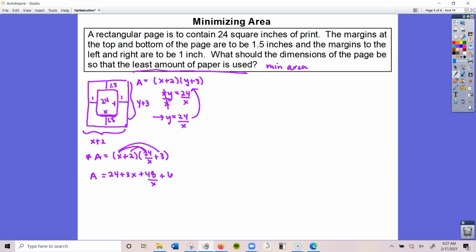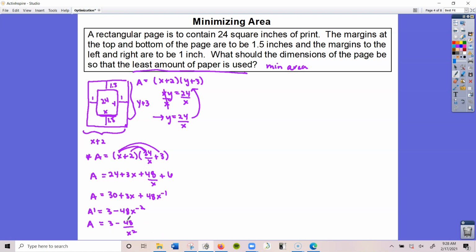Now remember that I need to find the derivative of this. So I'm going to rewrite this as 30 plus 3x plus 48 x to the negative 1. So now the derivative is going to be 3 minus 48 x to the negative 2, which is 3 minus 48 over x squared.